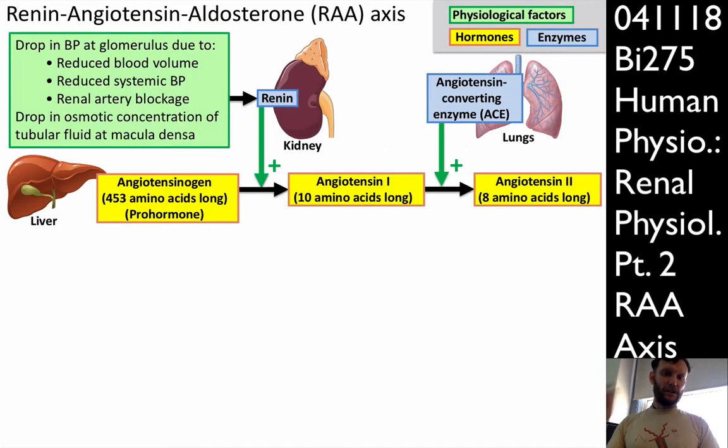Okay. So let's go over the RAA axis. What I'm about to put on the board can be thought of, again, as a homeostatic cycle. This is a cycle. And in some ways, it is an expansion.